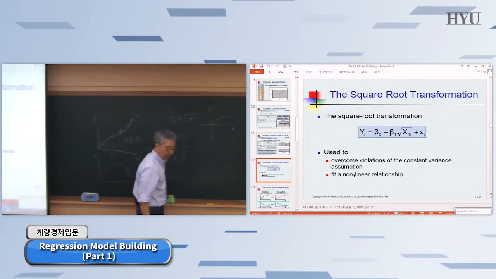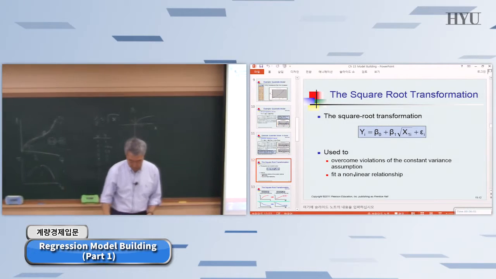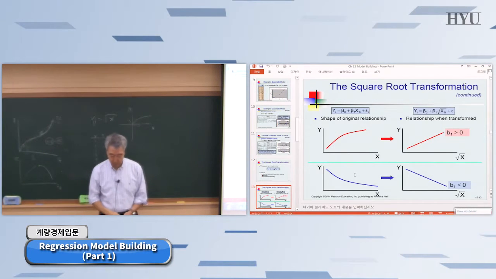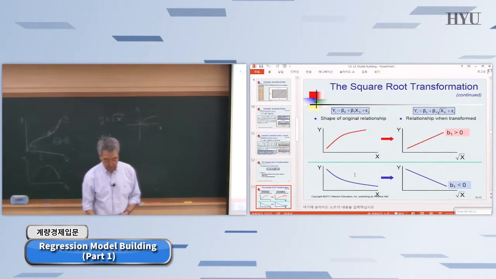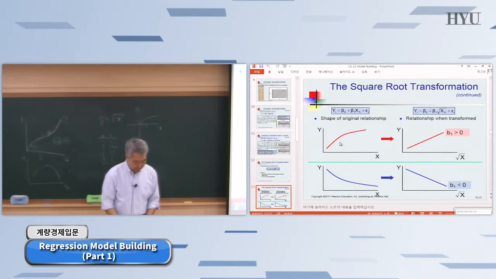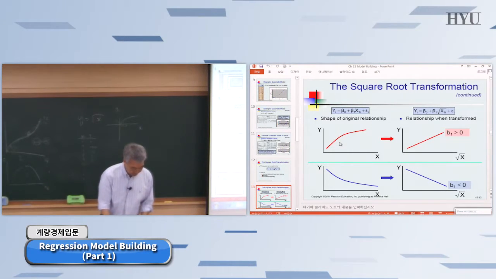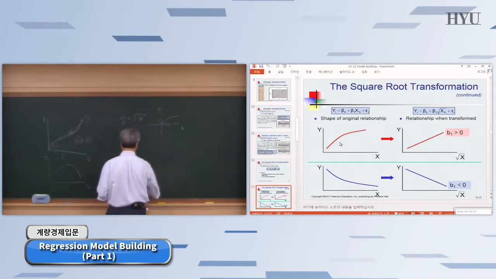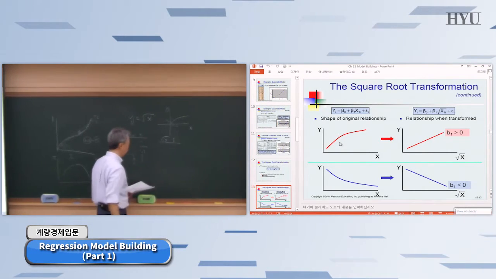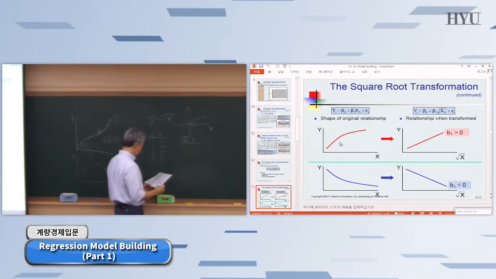Okay, so we have the original relationship like that. If y is the square root of x, then we have this kind of relationship. Then what we can do is think about the relationship between the square root of x and y.